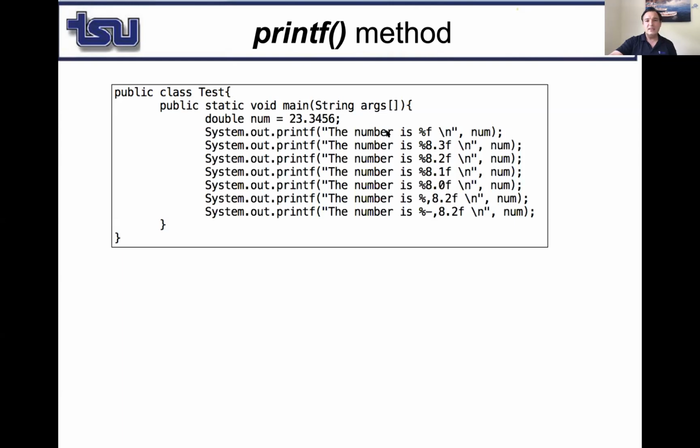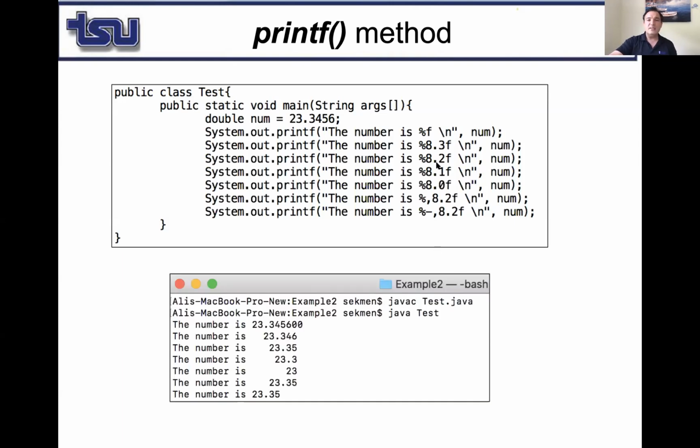If I say print, the number is percentage sign F, it goes after the comma, gets the number, and prints it just there. But pay attention, the default format is 6 digits after the dot. So it adds 2 zeros right there, okay? And goes to the next line because of \n.